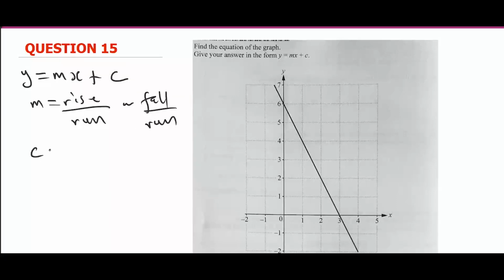And c is the intercept on the y-axis, and from this graph, you have it to be 6. So that means the value of c, which is the intercept on y-axis, is 6.